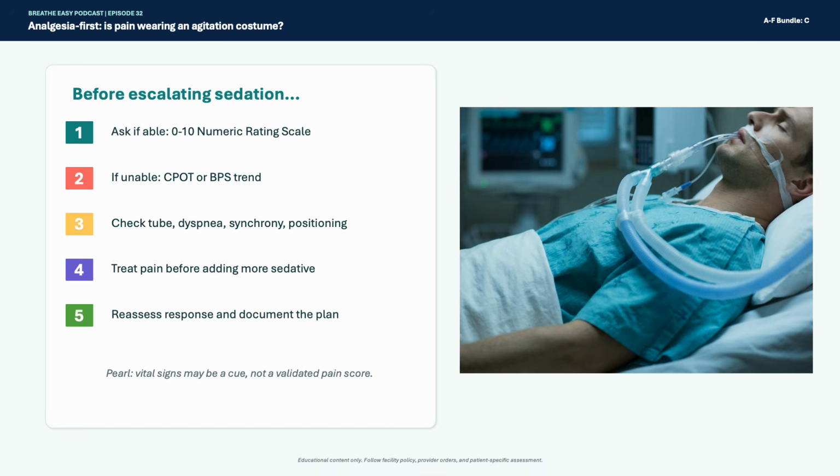If they can't, use CPOT or BPS and watch the trend. Check the mechanical causes. The tube, shortness of breath, asynchrony, could it be positioning? Treat pain before adding sedation. Then reassess and document. And the pearl, vital signs are not a validated pain score. A rise in heart rate is a cue to go assess. It is not the assessment itself.